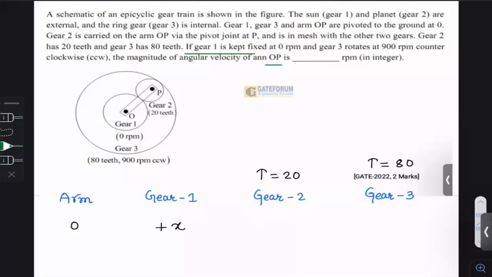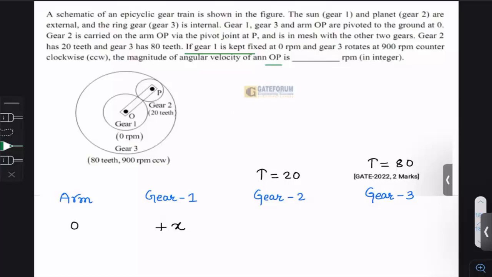Okay, no problem. Gear 1 is fixed, which means, okay, my dear, so how can we find out? Without the number of teeth, how can we find out here? I think there is something missing in this problem. The number of teeth is required, right? So how can we find it out?